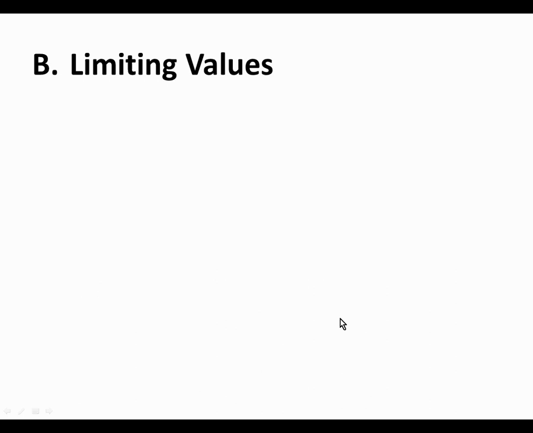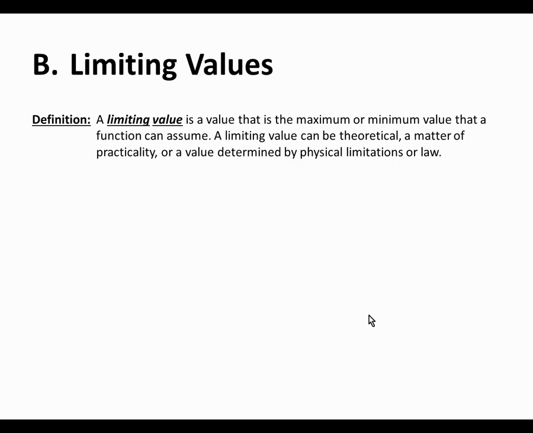Limiting values. Definition. A limiting value is a value that is the maximum or minimum value that a function can assume. So it's somewhat theoretical. A limiting value can be theoretical, a matter of practicality, or a value determined by physical limitations or law.